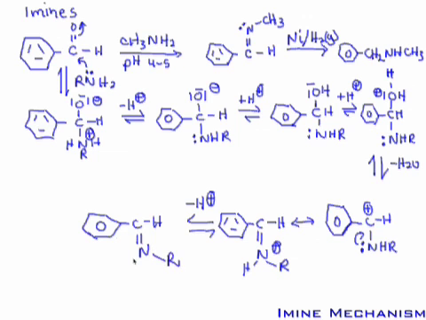So imines can be prepared by reactions with amines. We've seen that in the aldehydes section of the notes, and we've looked at this mechanism. Note, going backwards, let's use a different color for that.